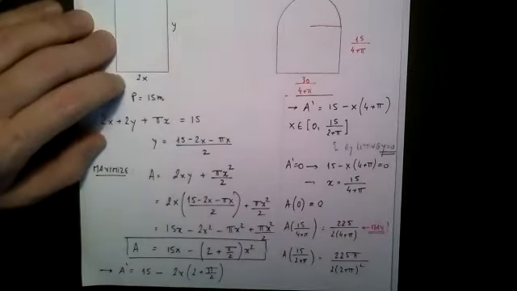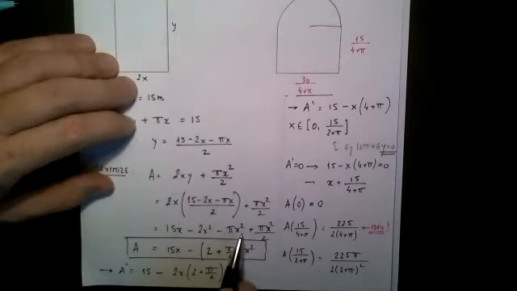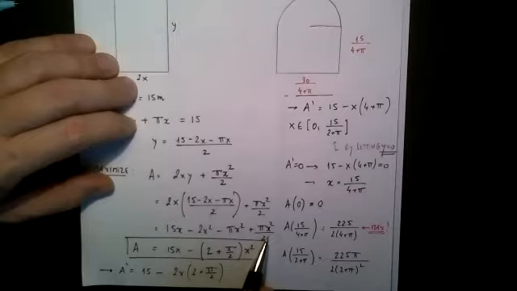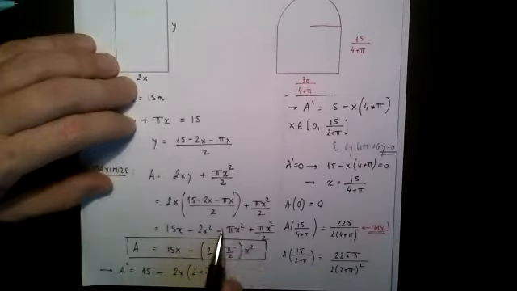Okay, so what I did here, I did minus pi x2 plus pi over 2x2. This will give you minus pi over 2, right? It's minus 1 plus a half is minus a half. And then I pull out a minus. Okay, so minus 2 x2 minus a half pi x2. Okay, thank you.